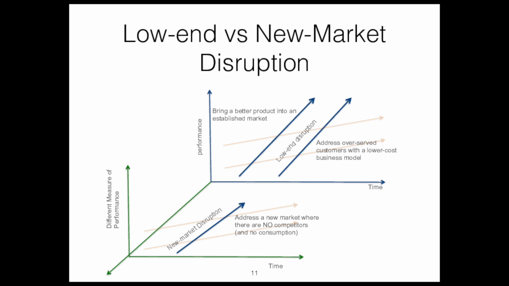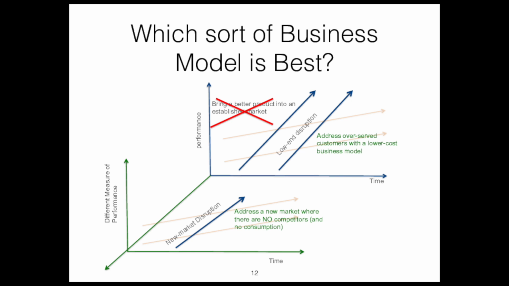You can build a product that is better in the established way of thinking. You can have something low cost coming into an established market, or you can go into a new market where there's no competition. That last one is the best way to go, and building a better product in an established market is the toughest thing to do. Maybe worse is not the right word. After some time, customers may move from the old plane of competition to the new plane.